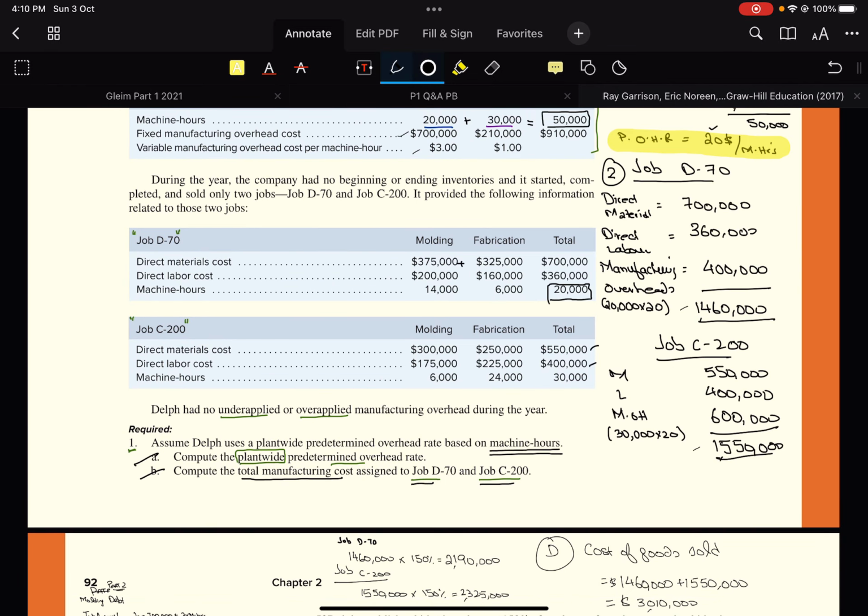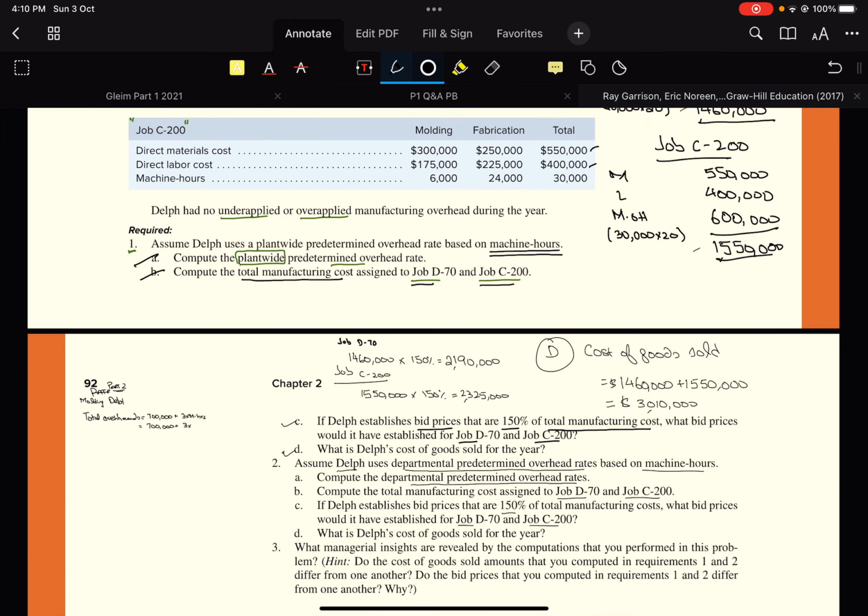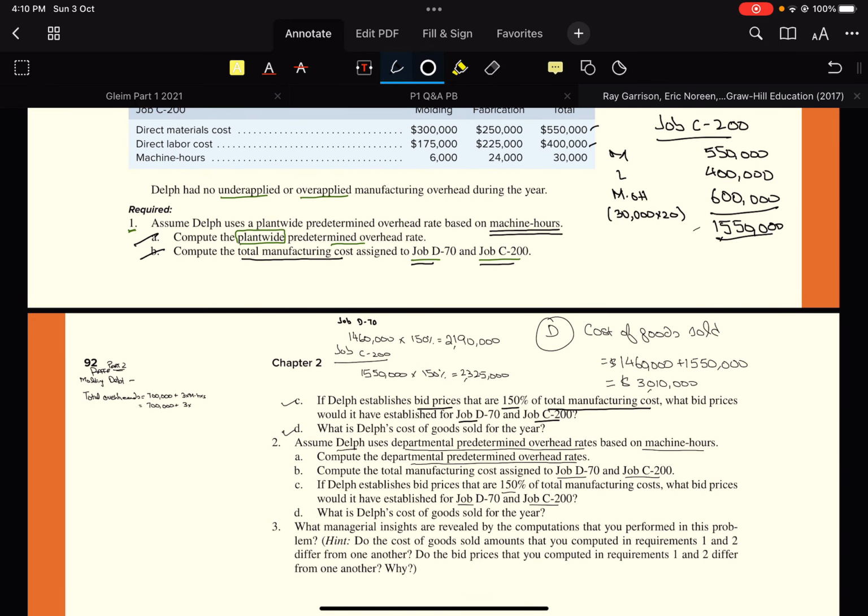We have already computed this here: 760,000 for this, and 240,000 for this. So total overhead for molding is 760,000. Total number of machine hours is 20,000. Rate is 38 per machine hour.